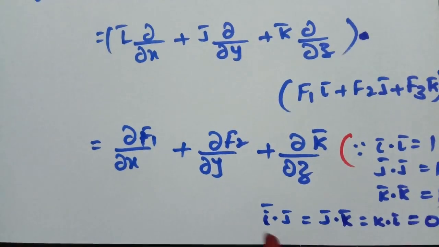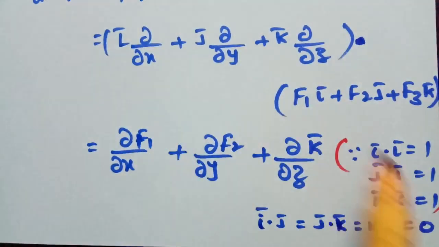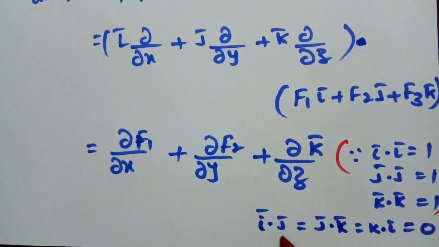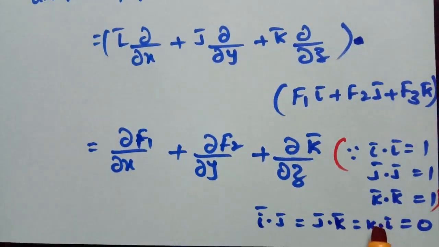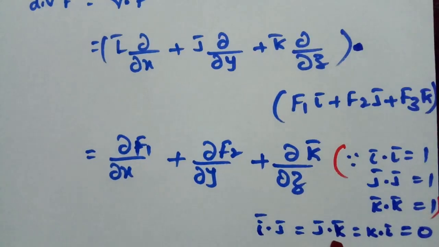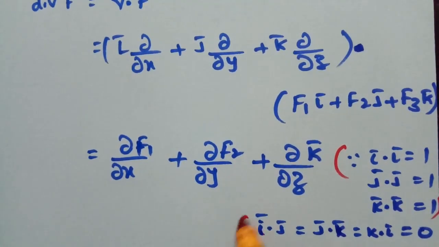Therefore, i bar dot j bar or j bar dot i bar are the same, and k bar dot i bar, k bar dot j bar, j bar dot k bar are the same. These are the reasoning.